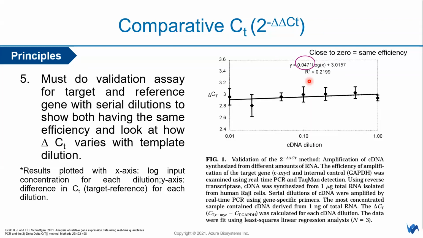Alternatively, you can improve the qPCR efficiencies by designing new primers or even optimizing your whole qPCR assay to achieve similar efficiency between the target and reference genes. So this validation assay is quite important if you want to use the delta CT calculation method.